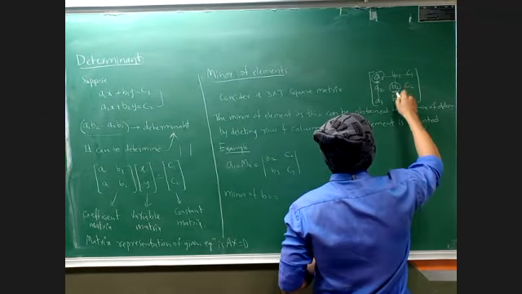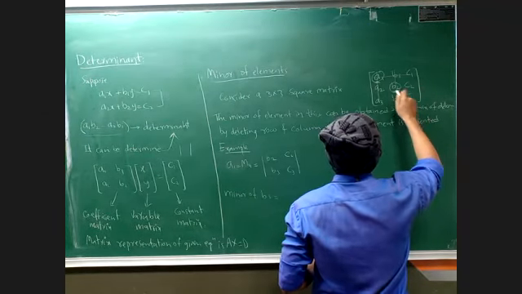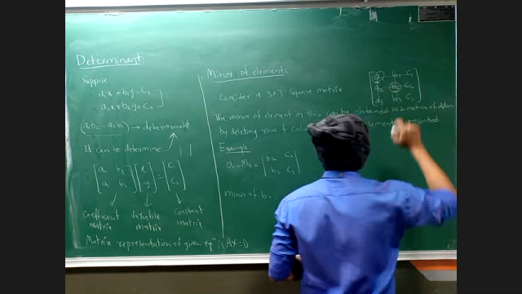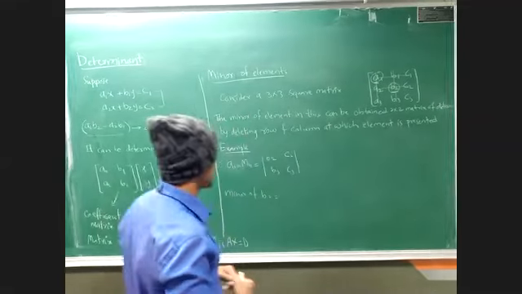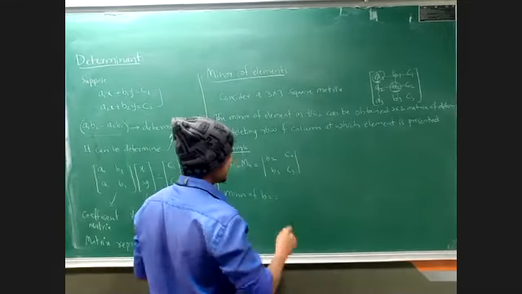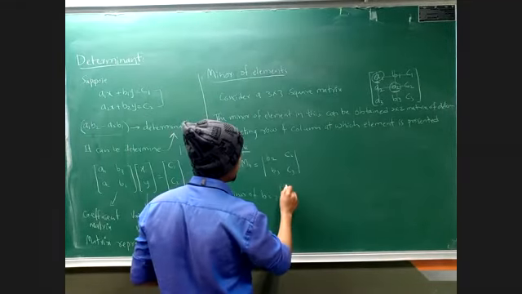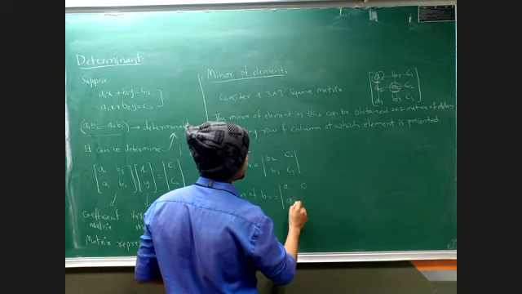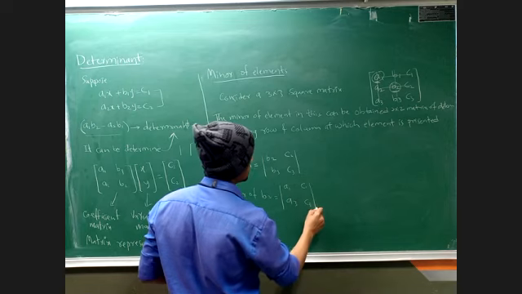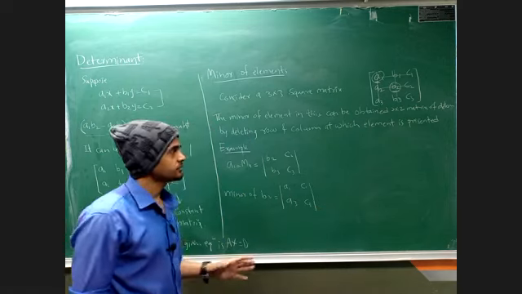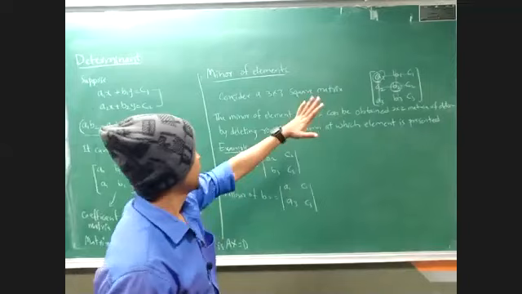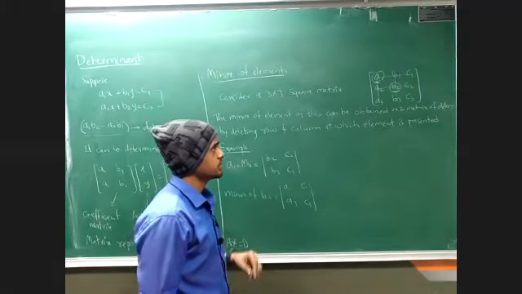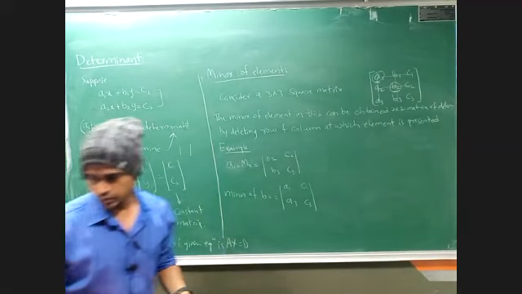So I will delete the second column and second row. The rest of the part, a1, c1, a3, c3, in a determinant will be our minor. Similarly, you can find 9 minors of the elements. So this was the minor of an element.